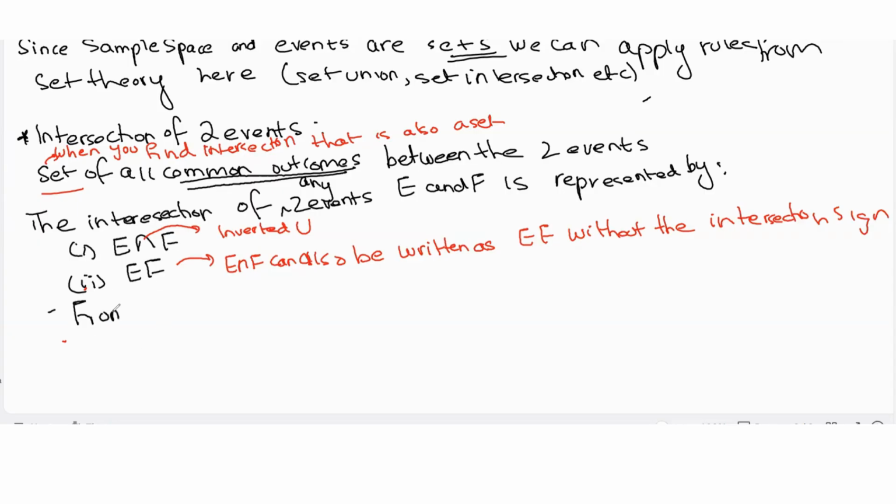Example 3 we did in an earlier video. If you recall, example 3 was a random experiment where 2 dice are rolled. And here we defined 2 events. We defined E to be the event that the sum of the 2 dice is 10.